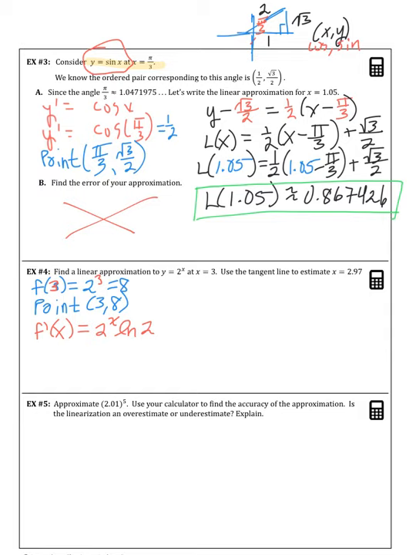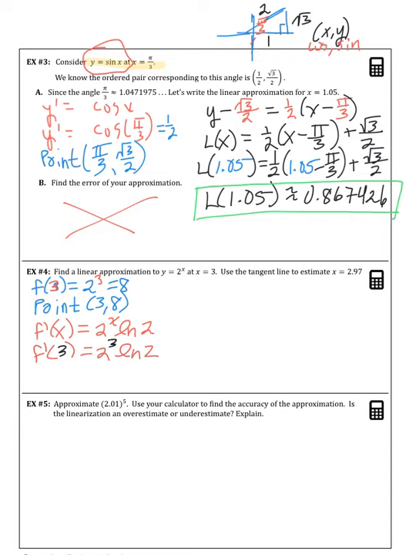So then to actually find the value of the slope, because the derivative is the slope of the tangent line, I have to find this value for x. Well, remember, we're letting x be 3, so we're finding it at x equals 3. So f prime of 3 is equal to 2 to the 3rd times the natural log of 2.